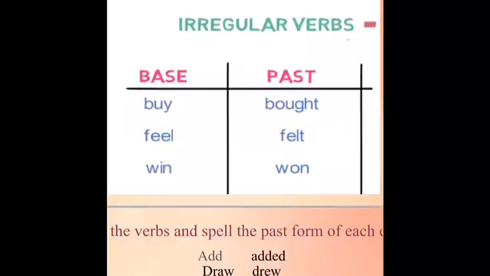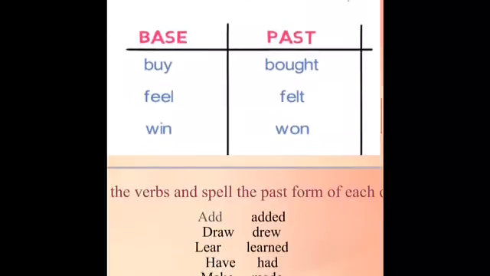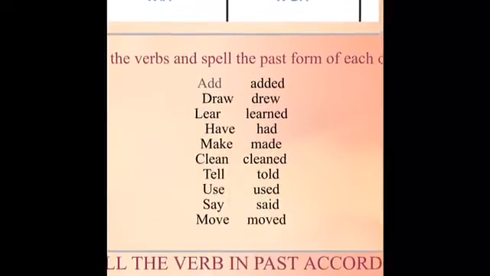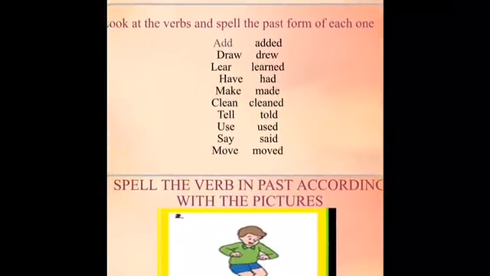Some of them you already know. For example, win and won, buy and bought, feel and felt. Those are irregular verbs. It's pretty easy to identify them because they don't end with ed at the end.